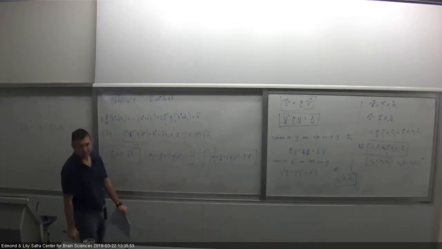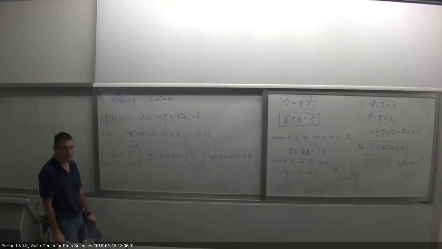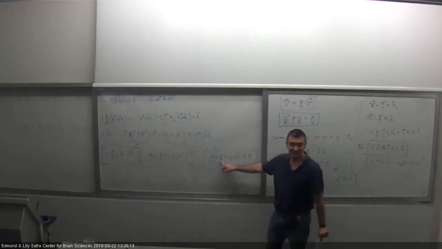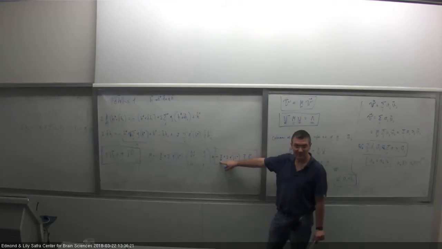So the next step is to try and figure out what they are. How are we going to do that? This matrix is composed of a sum of two matrices, minus the identity matrix plus another matrix. So this is easier, right?